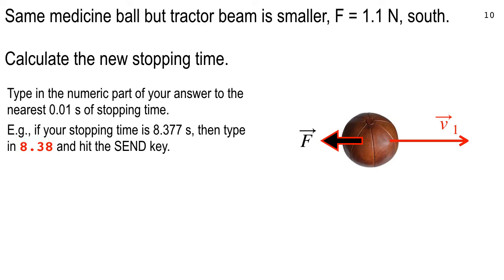But you know what else? I see some negatives. Delta T is supposed to be a positive number of seconds, because remember, it's negative divided by negative when you actually calculate it. But you guys are doing good.